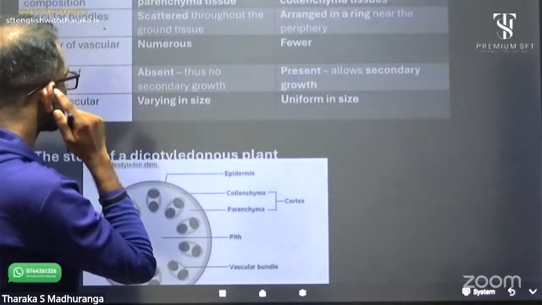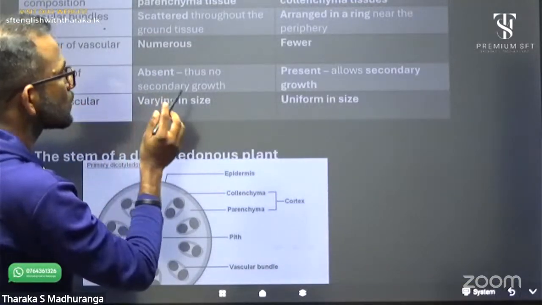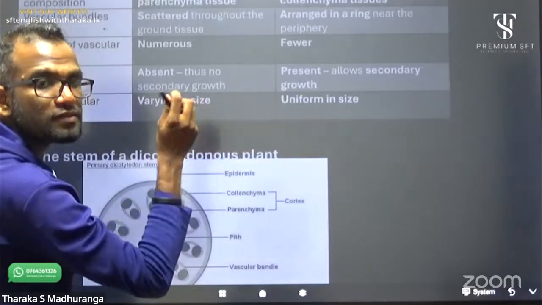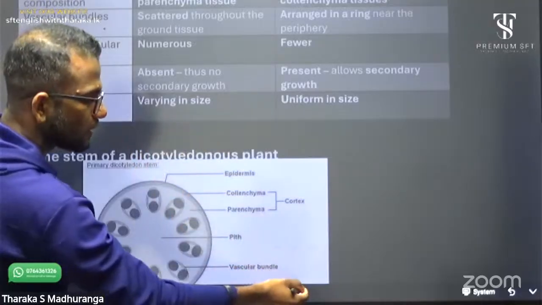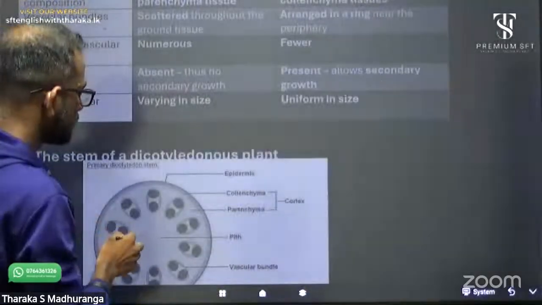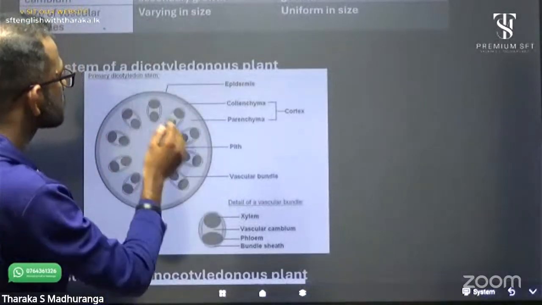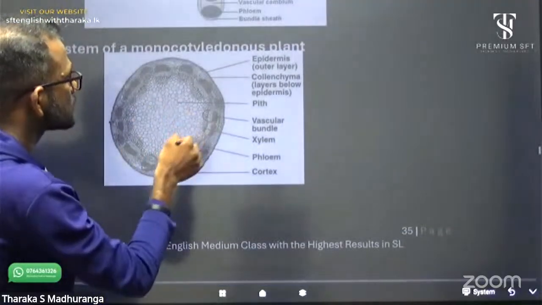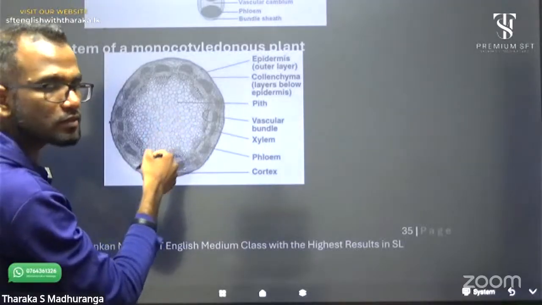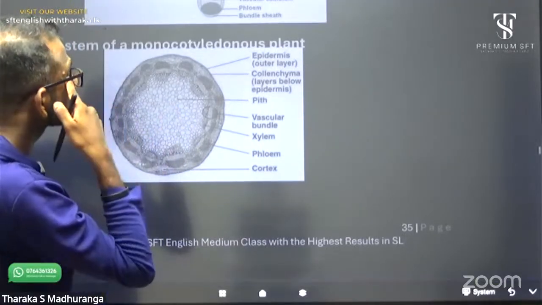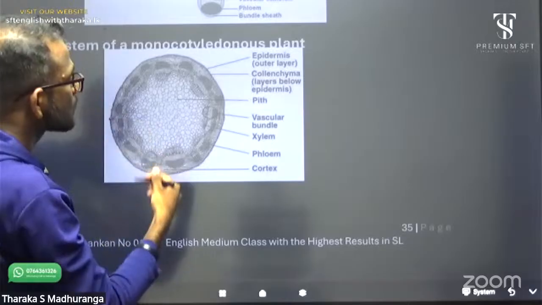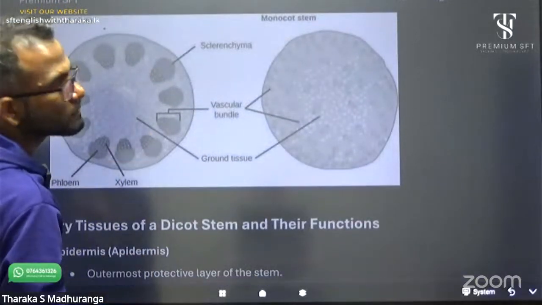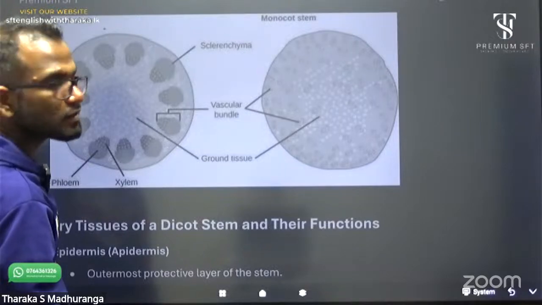Size of vascular bundles: uniform size in dicots, while in monocots they are different sizes. That's a dicot arrangement. This is a monocot arrangement, with no specific order. This is the difference.